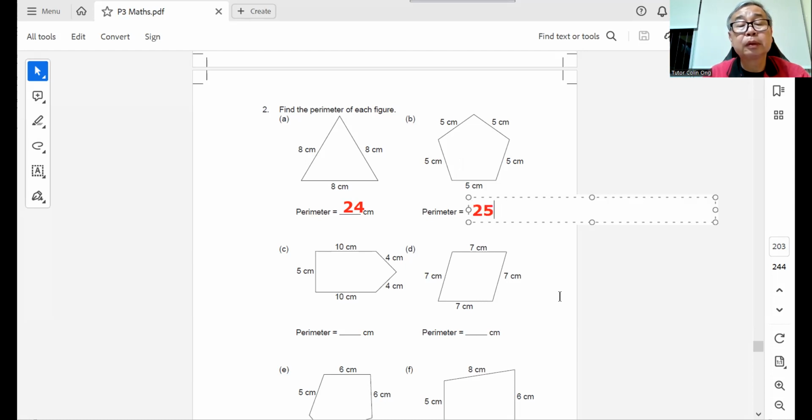Okay. Let's do something a bit more difficult. And let's do C. C is 10 plus 4 plus 4 plus 10 plus 5. All right, top clockwise.